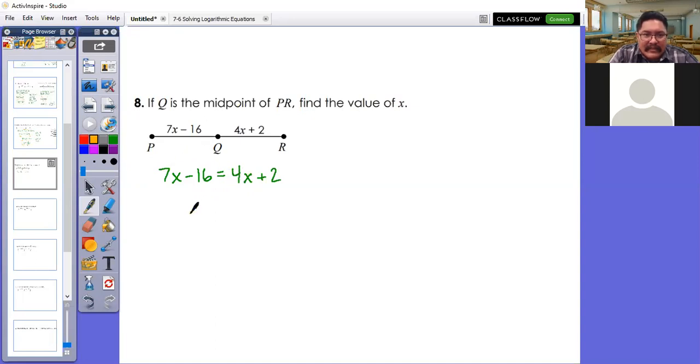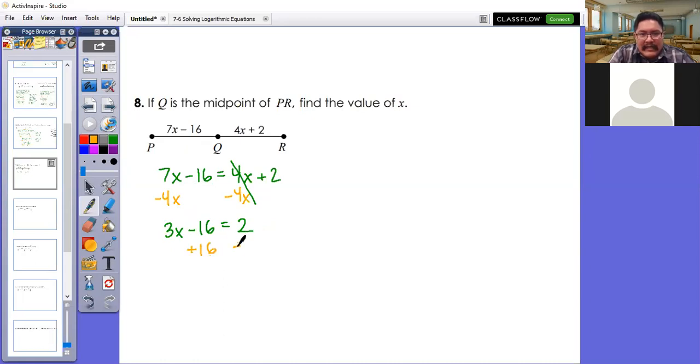So 7x minus 4x. Now I'm going to keep x positive. That's generally what I like to do. So this will cancel. 7x minus 4x would be 3x. The negative 16 stays there because we didn't do anything with it. But now that we got the x on one side, we chose a side for the x to go on, and I decided to keep it positive this time.